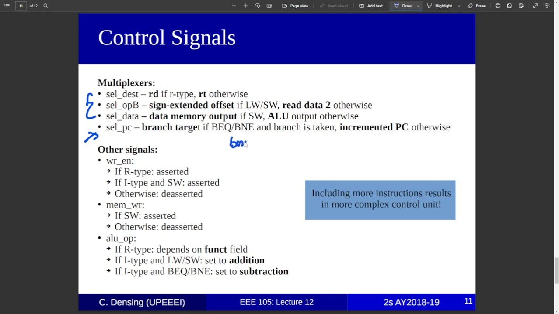If branch if not equal, it's not Z. If branch if equal, it's Z. Here we have write enable, memwrite, and ALU op. If it's branch, then ALU op becomes subtraction. That's the only thing that we added in the other control signals.